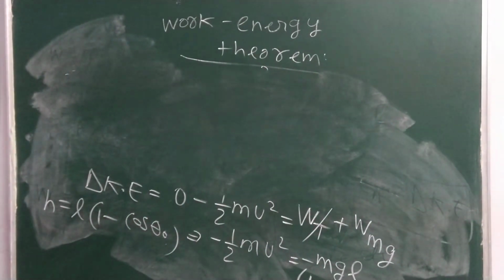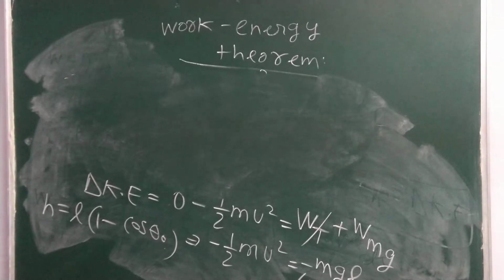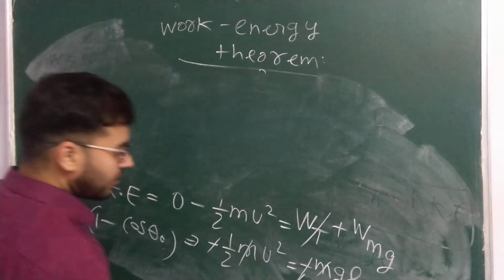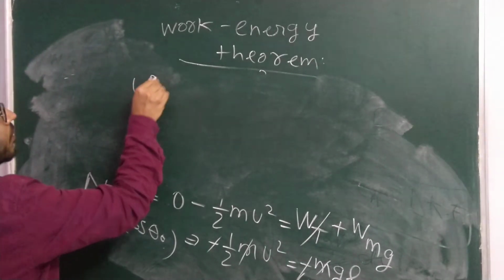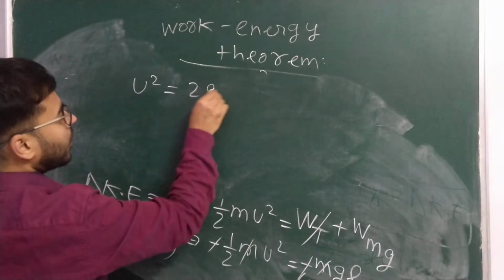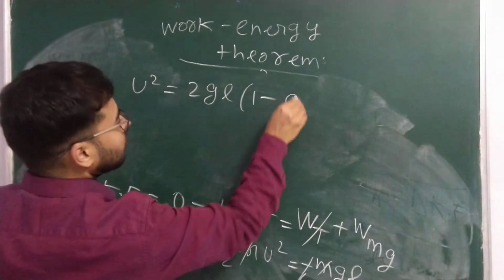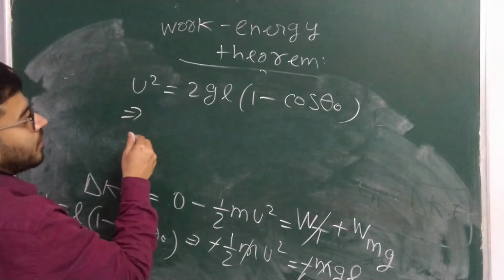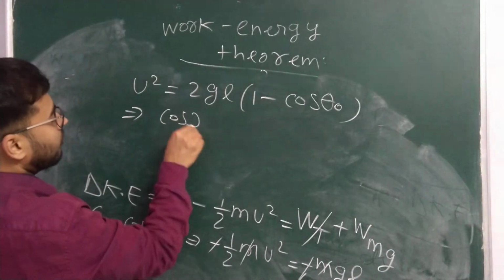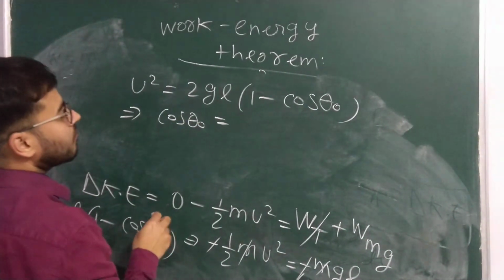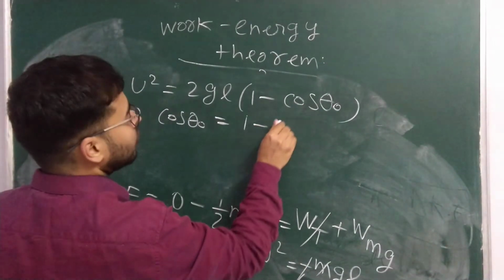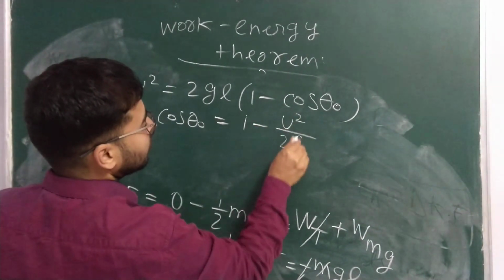Now if you evaluate this further, you can see that the negative gets cancelled. You have u square is equal to 2gL times 1 minus cos of theta. And here you can see that cos theta naught therefore is going to be equal to 1 minus u square upon 2gL.